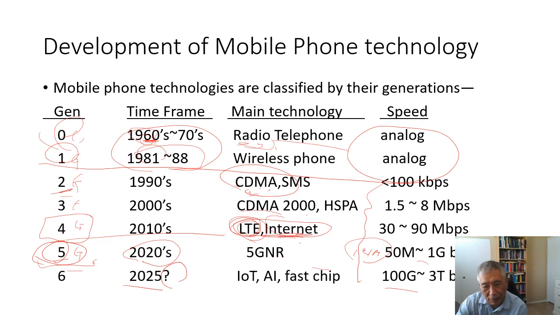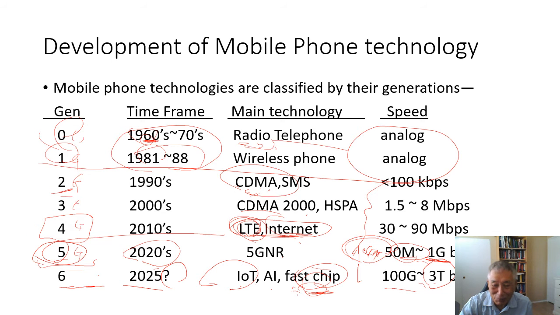I think 144 is what they released, but eventually it will go to 1 gigabit. But 6G will be IoT, the Internet of Things, and AI, and they will design a special chip for the circuit, so it's going to be very expensive until it is sold in mass. It can promise or predict 3 terabits. I don't know what we're going to do with 3 terabits of speed, but it's going to be very, very fast. That's what we are expecting.